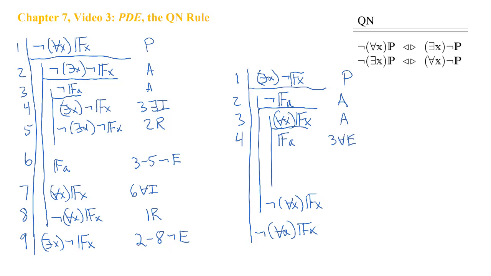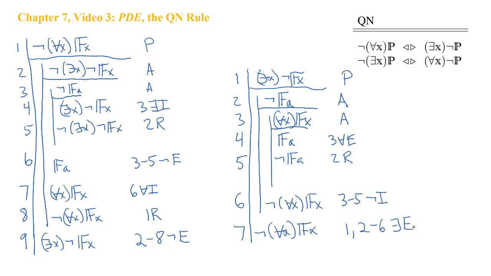That's one of our friendly rules, so we don't need to worry about restrictions. Now we just reiterate line 2 inside the innermost subderivation. 4 and 5 contradict each other, so we can add a hook to 3 while moving out one level. 3 through 5 hook introduction. Now we can move out to the main scope line by applying 1, 2 through 6 existential elimination.